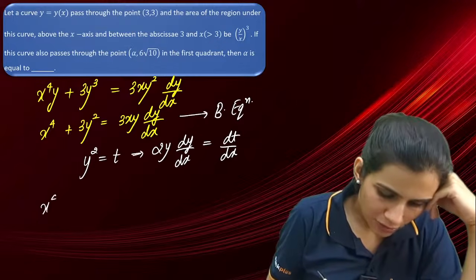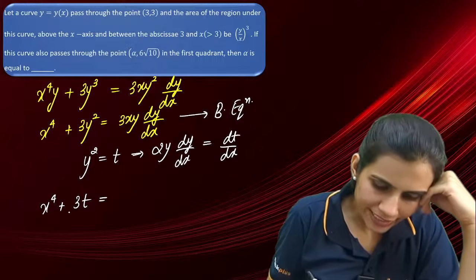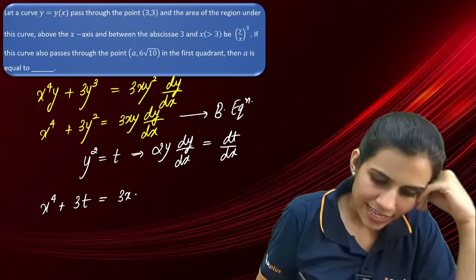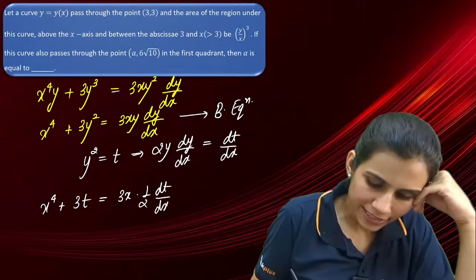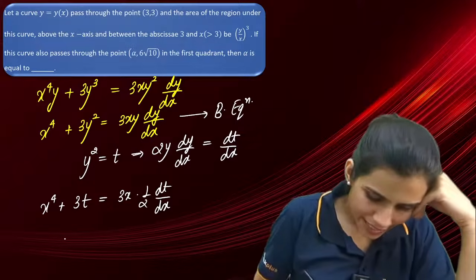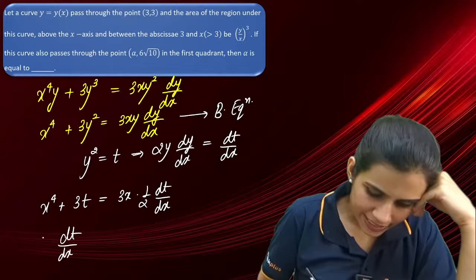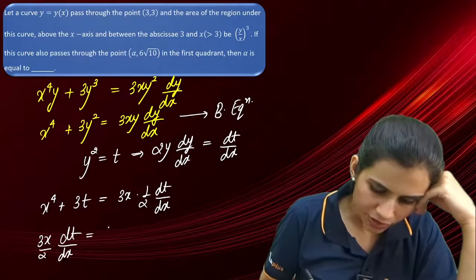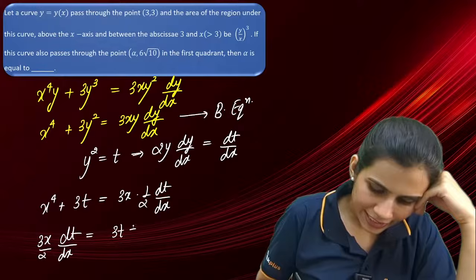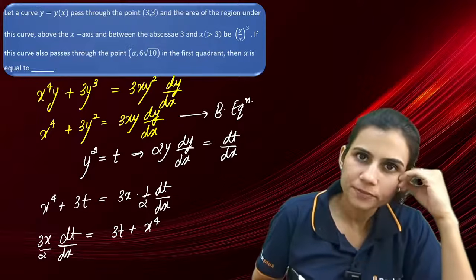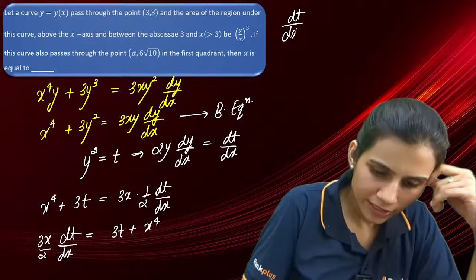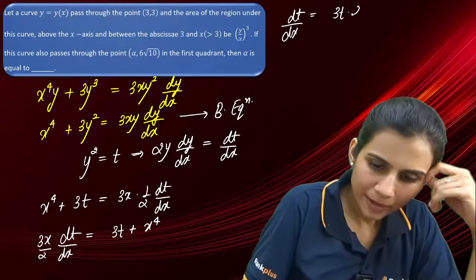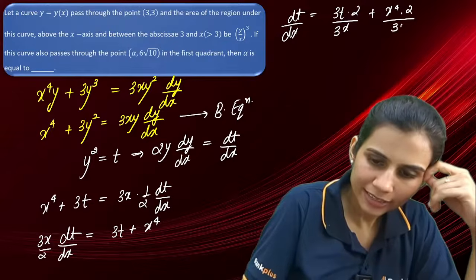So you have x to the power 4 plus 3t equal to 3x y dy by dx, which is 1 by 2 dt by dx. So you are basically getting dt by dx, with a 3x by 2 here, is equal to 3t plus x to the power 4. Multiply by 2 by 3x here and also here.